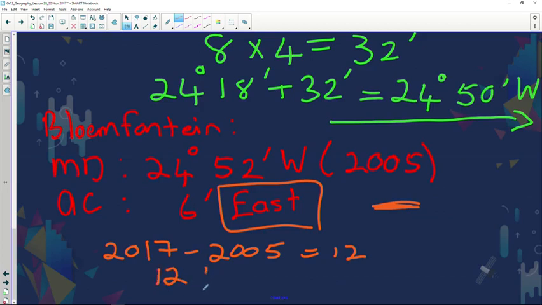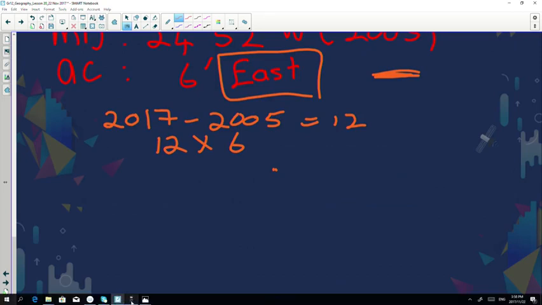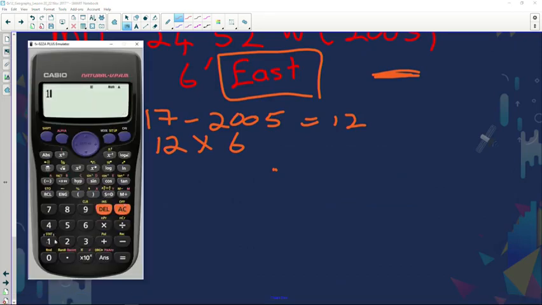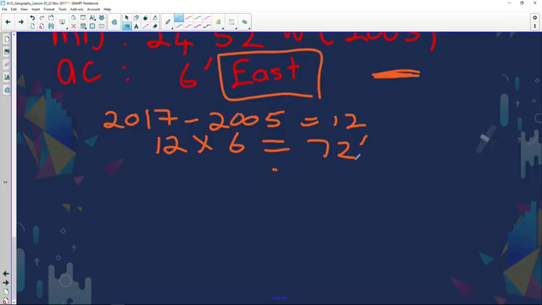So it's 12 times 6 equals 72 minutes. Now again, grade 12s, 72 minutes equals what? 60 minutes equals 1 degree. So 72 minutes equals 1 degree and 12 minutes.